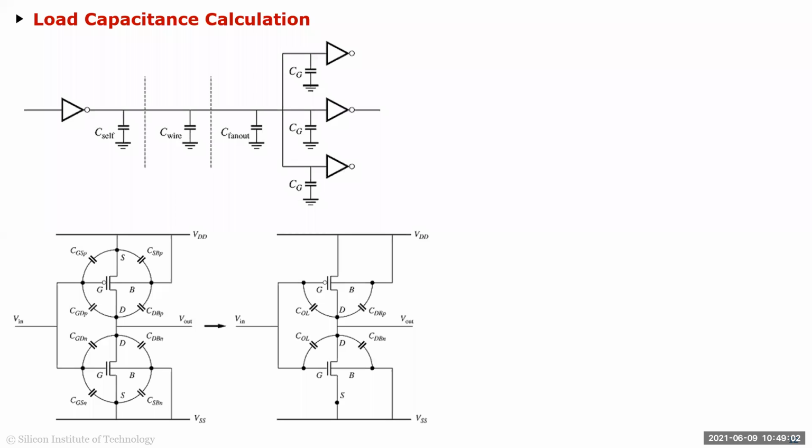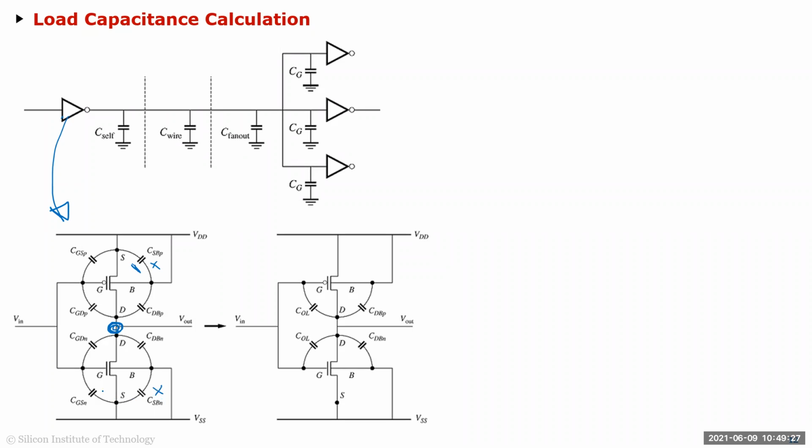Okay, so the self capacitance for this gate, I've shown you this gate here, and basically showing you the self capacitance. The self capacitance is whatever is the capacitance of your own gate hanging at the output. Okay, so obviously this drain to bulk capacitance is shorted, so that is not in the picture.